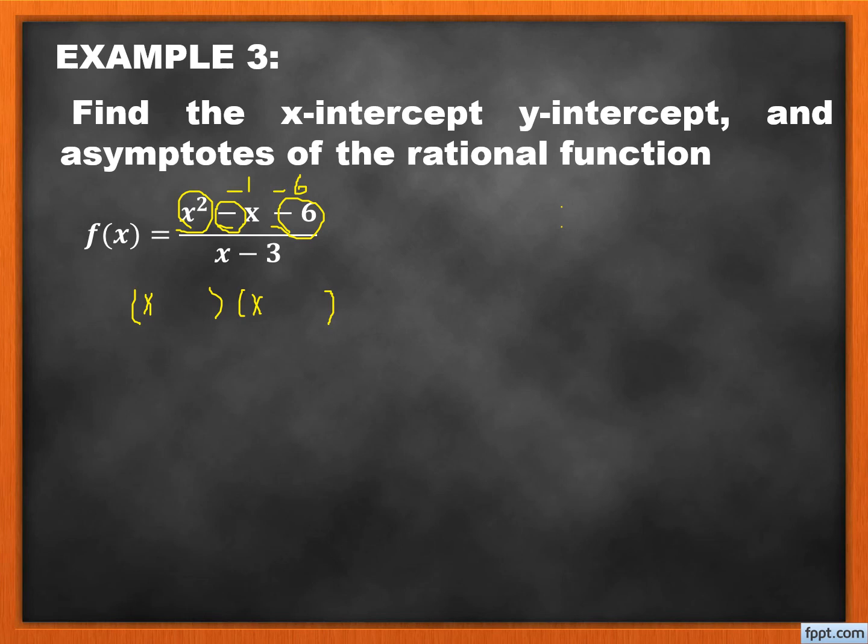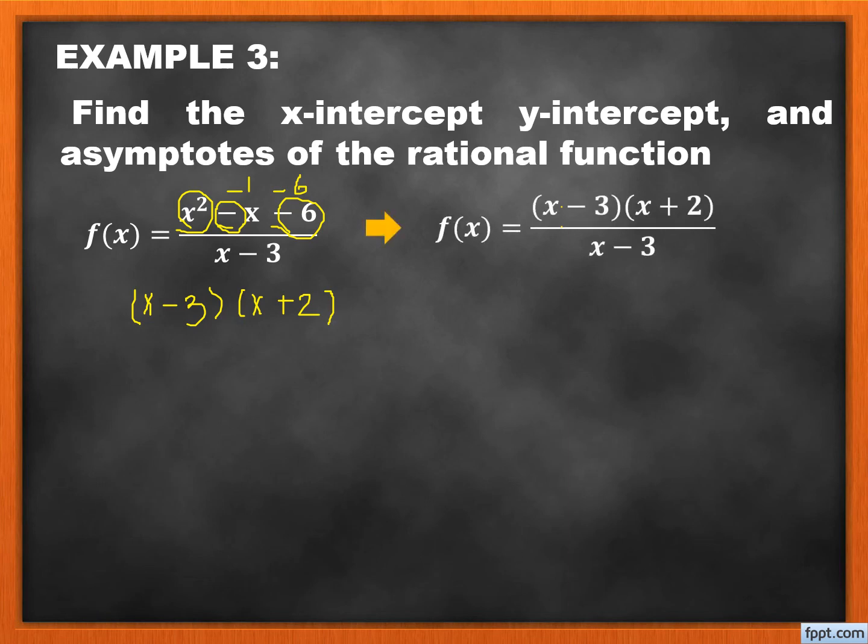So, kung naisip nyo siya, check nyo kung tama. Those two numbers are negative 3 and positive 2. So, let us check. Negative 3 plus positive 2 is negative 1. And negative 3 times positive 2 is negative 6. So, therefore, the factors are x minus 3 times x plus 2 all over x minus 3.